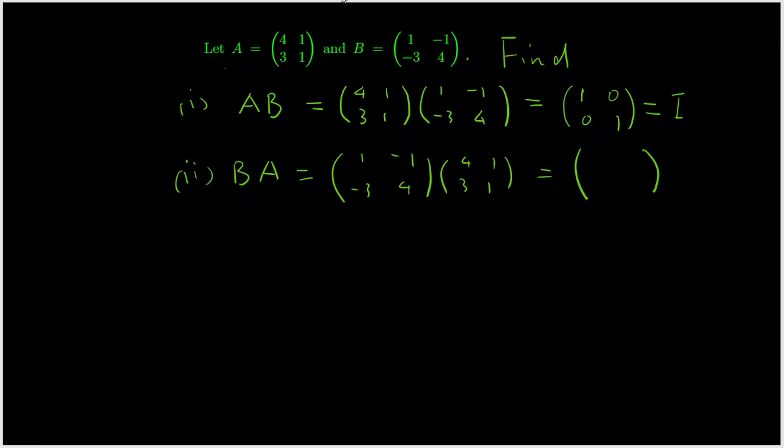So please, I'm looking for BA. Anybody want to tell me the answer? Multiplication is defined. The size is 2 by 2. Now we are looking for four numbers. What are the four numbers?